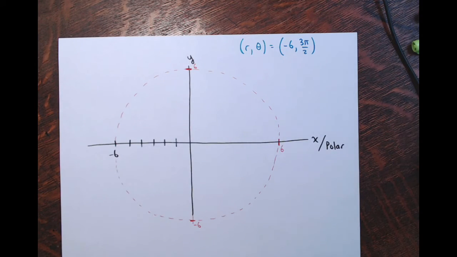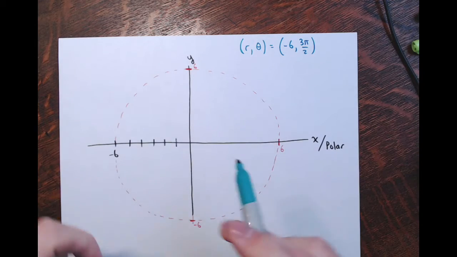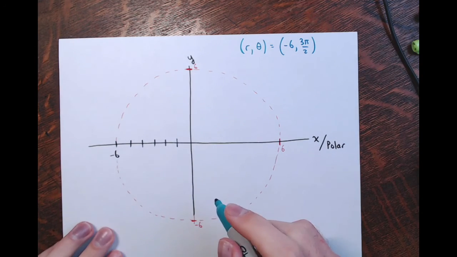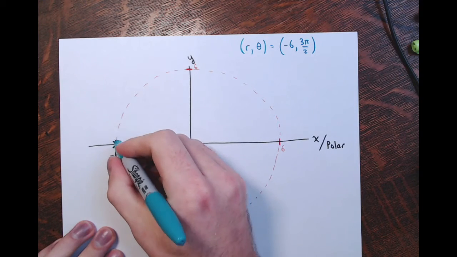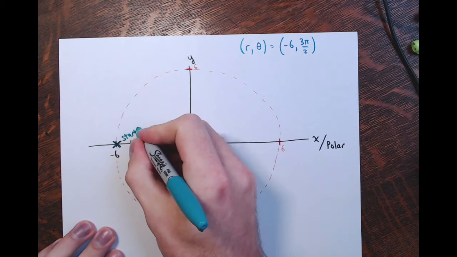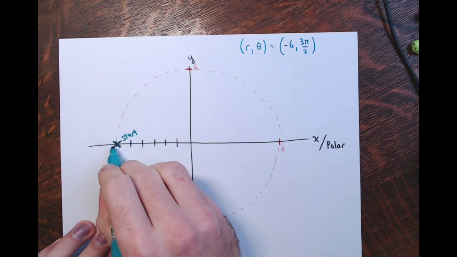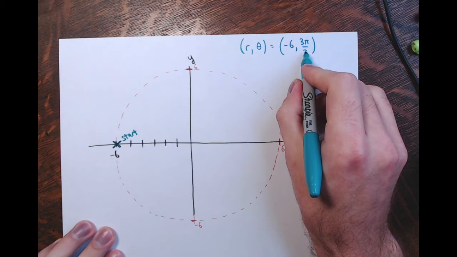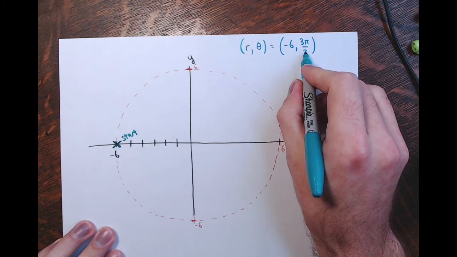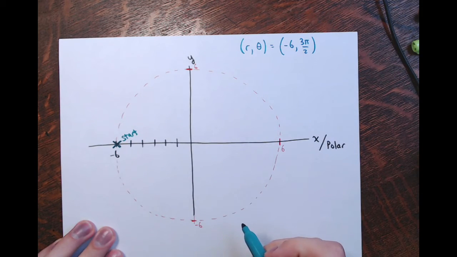I know I said before I like rotating the axes, but most often I just do this. I go to -6, so I start here at -6 on the polar axis, and then from here I rotate positive 3 pi over 2. Remember, positive angles, you go around the circle counterclockwise.